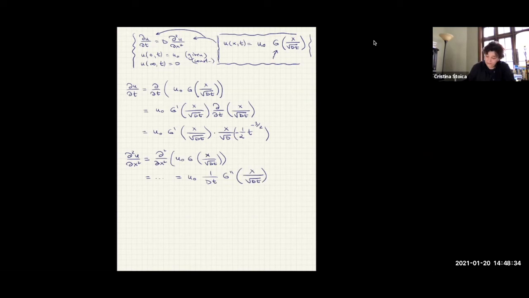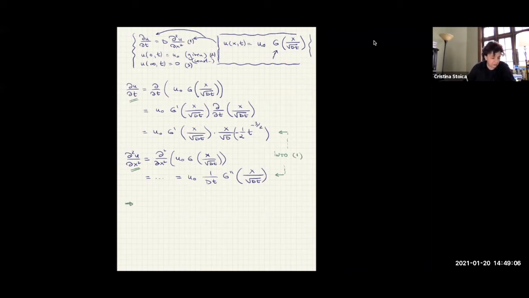Okay, good. And now we're going to take these two, remember that this is du dt and this is d2u dx2, and run with them in equation 1. So this was 1 from the other page. That's 2 and that's 3. So what do we get?